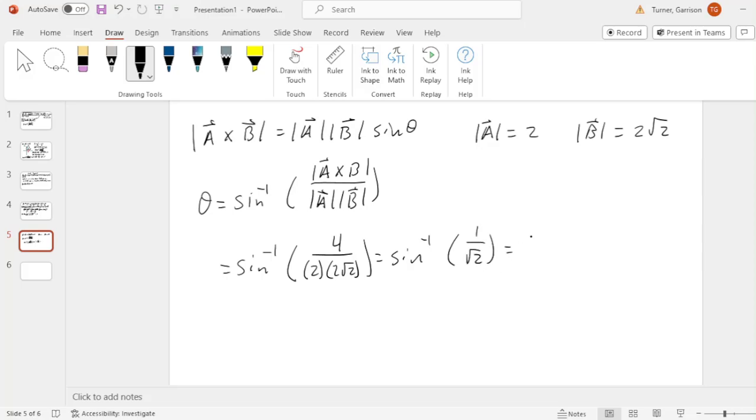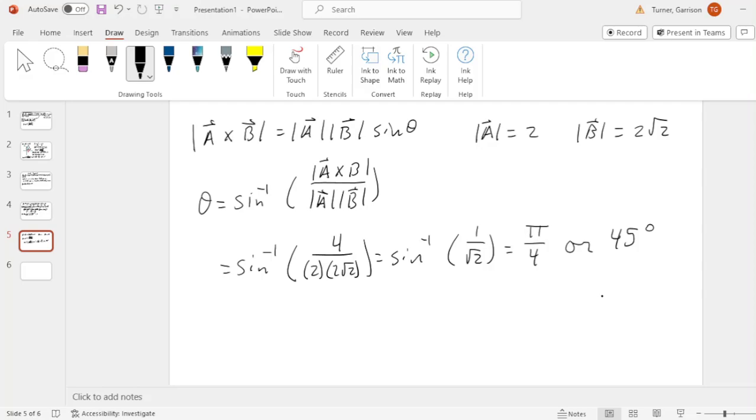And once again, if you plug that into your calculator, you will get pi over 4 if you're in radians, or 45 degrees if you're in degree mode. So you can see that both of these give the same answer for the angle, which they should.